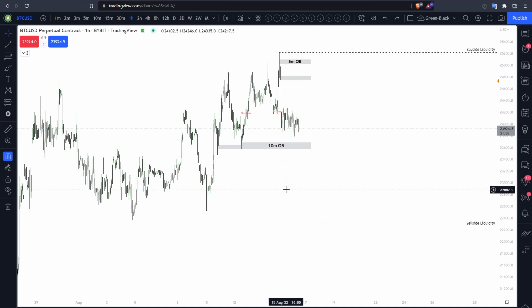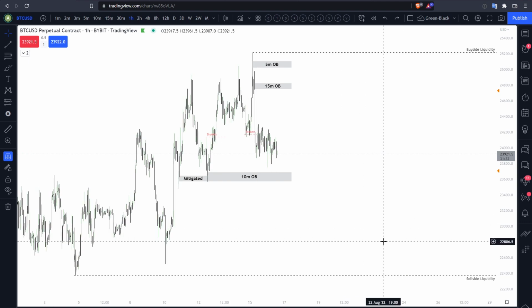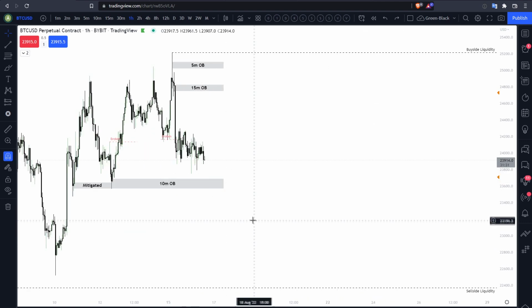I will not be recording the screen while the price progresses, but I will be placing alerts in front of the order blocks here above and here below. And once the price arrives to one of them, then I will be jumping in front of my computer. I will turn on the recording and will act accordingly, either take a trade or let it pass.